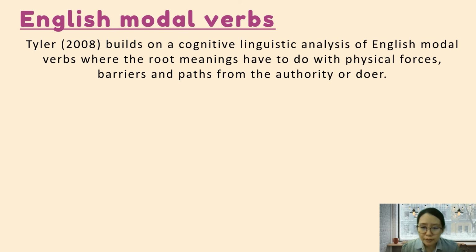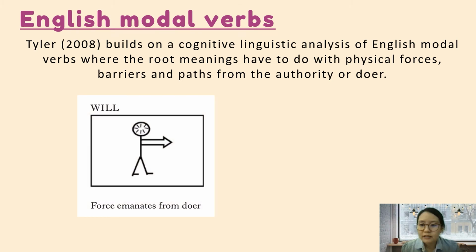The authority here means the speaker in command, and the doer is the actor, like ourselves, who carries out the action. Based on this picture, the lines in the head indicate the internal force or our desire, and the double arms are extended to show strong determination.